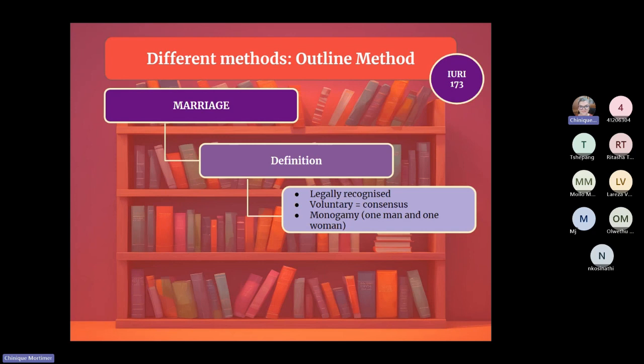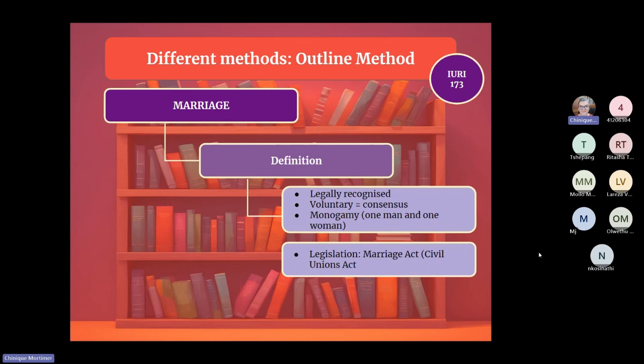Immediately I see here, what about same-sex marriages, etc. So I know that the second part is going to be here's marriage. The next one is going to be, okay, what is a civil union? What is the definition of a civil union? Then underneath that, I need to know what is the legislation, and we're probably going to look at the Marriages Act here.